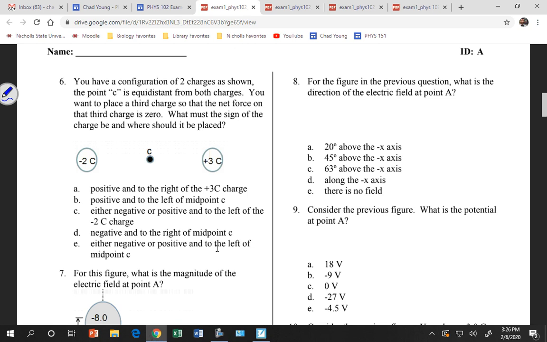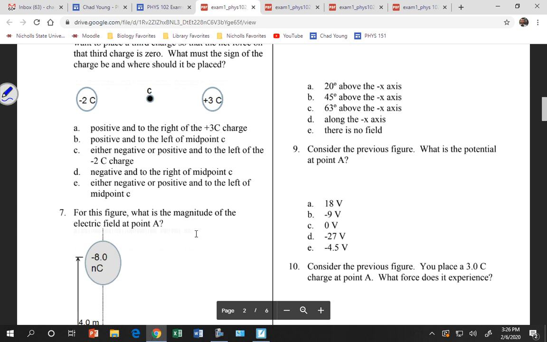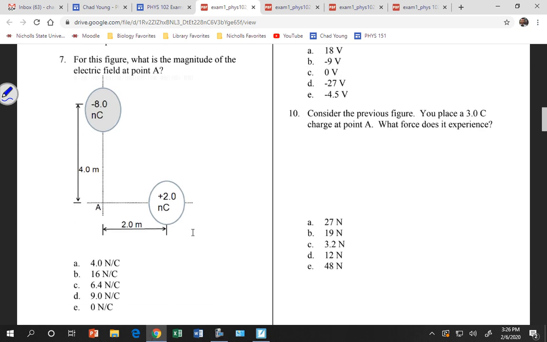So I want to put a third charge here somewhere so that the force on that charge is 0. Oh, number 7. Good, I didn't want to do number 6. Things make me think. I have to really think about them, right? Do you find that you have to think about those? You don't have to think about these. Sorry, man. The test is already printed. It's ready to go. You can just black out the question.